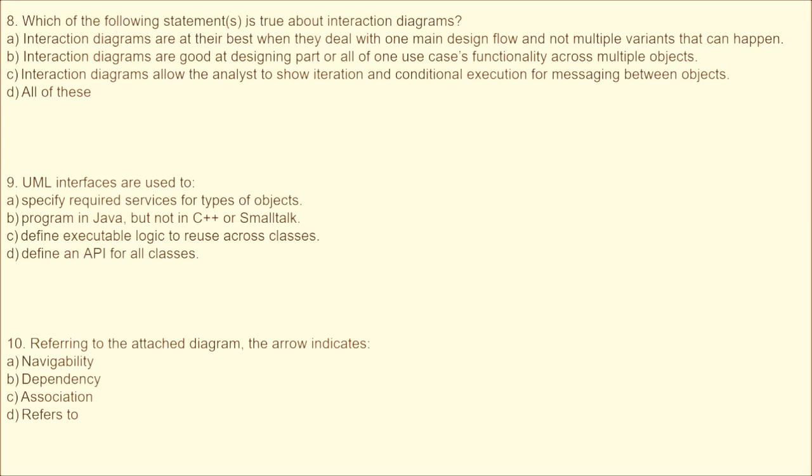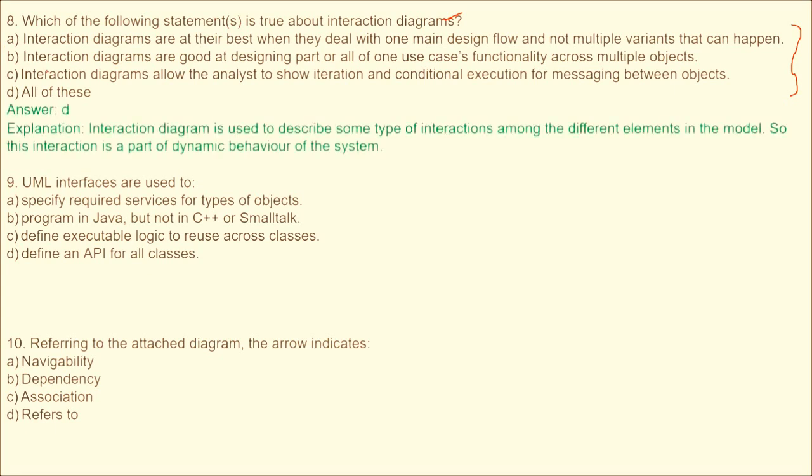Which of the following statements is true about interaction diagrams? Now read all these and try to find out which is the correct answer. And the answer is D. All of this, because interaction diagrams are at their best when they deal with one main design flow and not multiple variants that can happen.